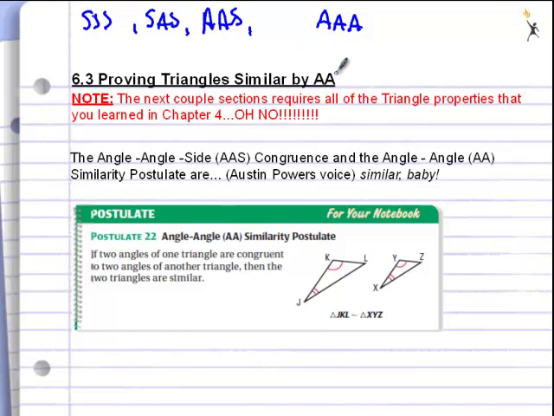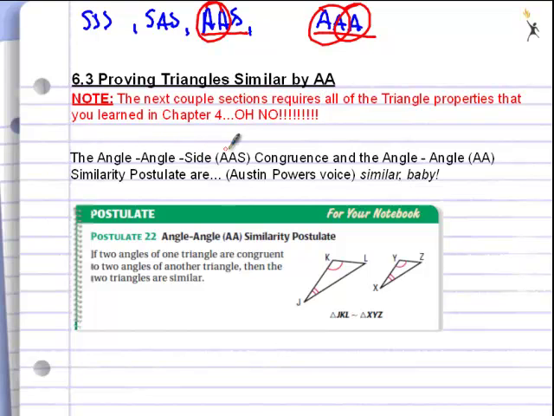And in this specific section, we're going to prove that triangles are similar or proportional just by proving two angles of those two triangles are congruent. Now, if you notice, in the AAS and AAA congruencies, you have 2 angles that are congruent. And those 2 are the ones that we're going to use.